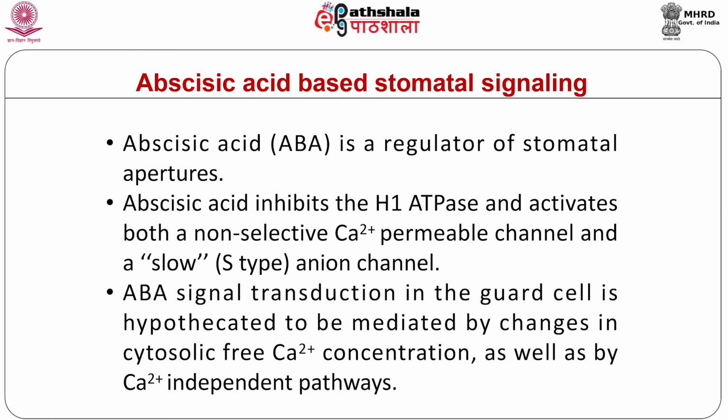Auxin signaling acts via MAP kinase mediated phosphorylation cascades of proteins leading to activation of transcription factors. Gibberellin signal transduction seems to involve G proteins and cyclic GMP, which leads to induction of amylase gene transcription via production of transcription factor GAMYB.